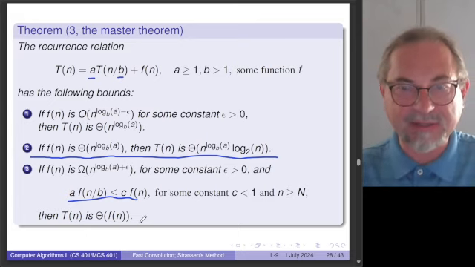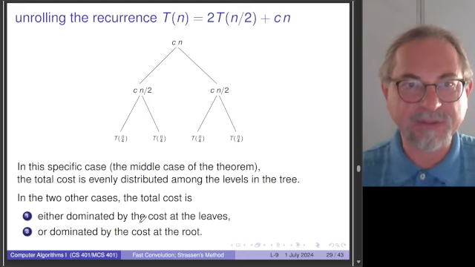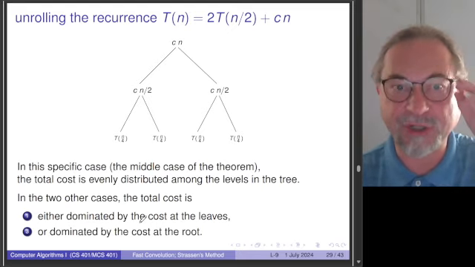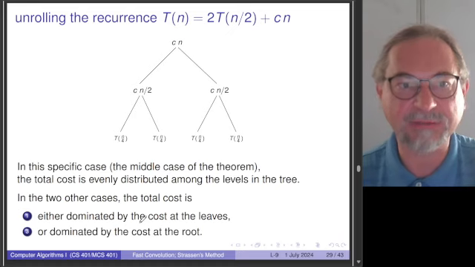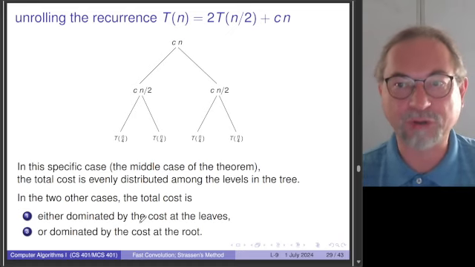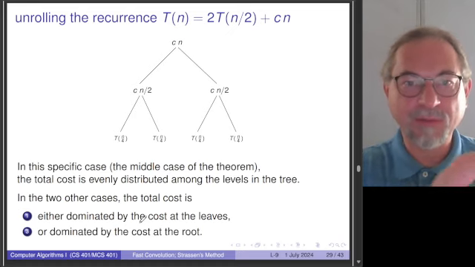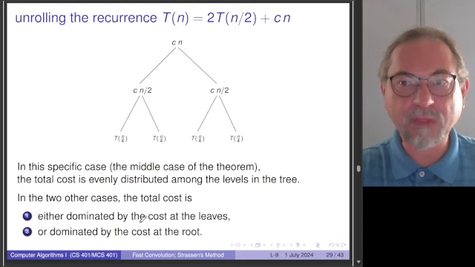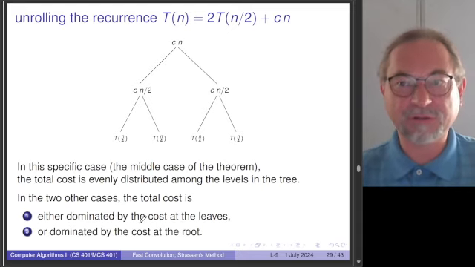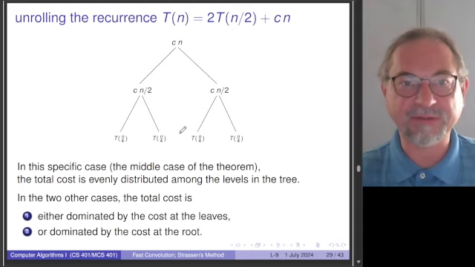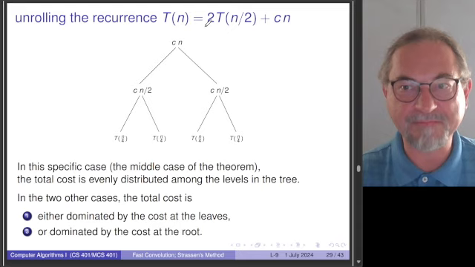The middle case is a case that we can interpret. Here is the interpretation again. So this is how the unrolling works for merge sort. Two equal halves where we cut the size evenly. So this is the 2, and we have 2 of them.